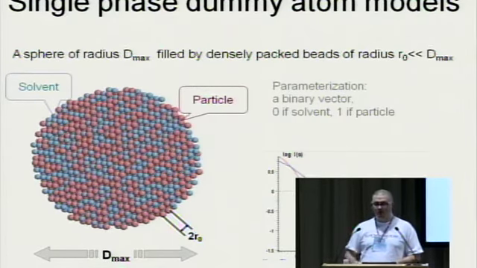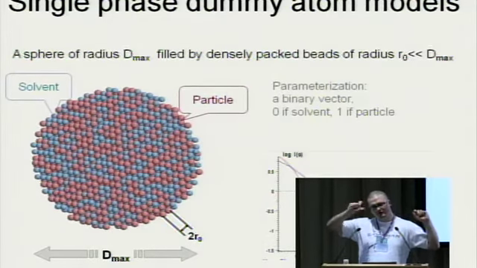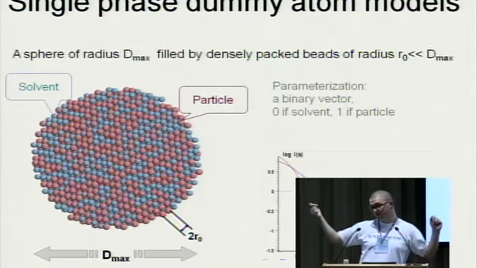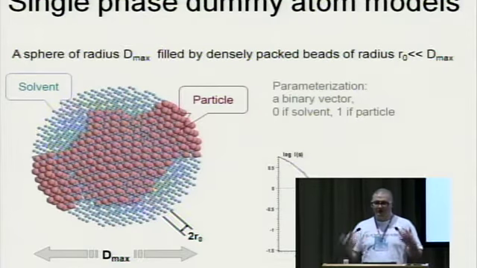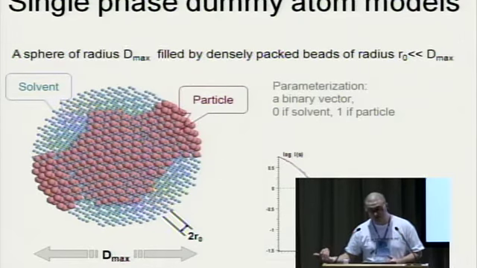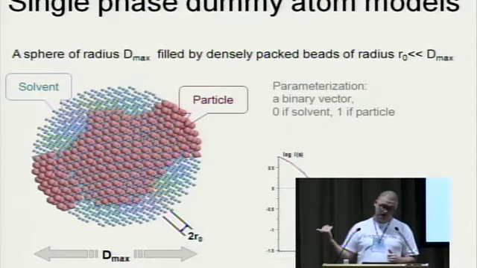By shaking these beads and changing each bead from 0 to 1, where 0 is solvent, or nothing, and 1 is the particle, we can come up with a shape that, if you calculate the theoretical scattering from the shape, it would fit the experimental data.